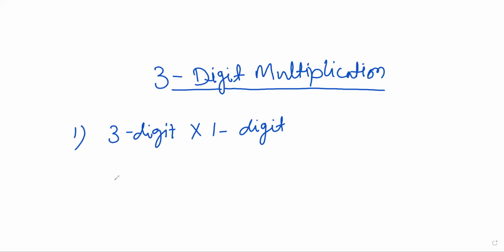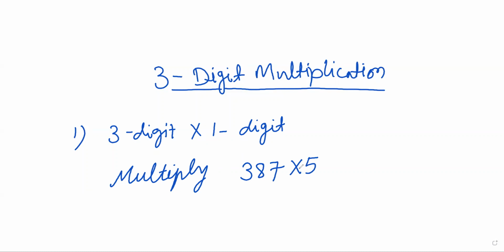First, multiply 387 by 5. Let's see how to solve it. Write the bigger number first, that is 387, and below it write the smaller number, that is 5.